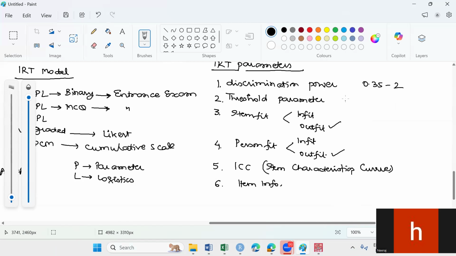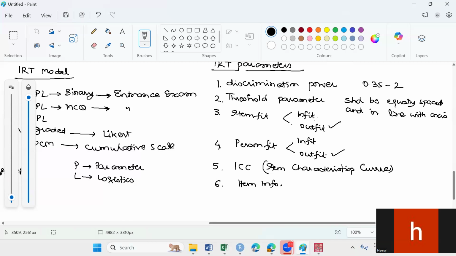Threshold should be equally spaced and in line with the x-axis. Means in line with, I will explain this thing.